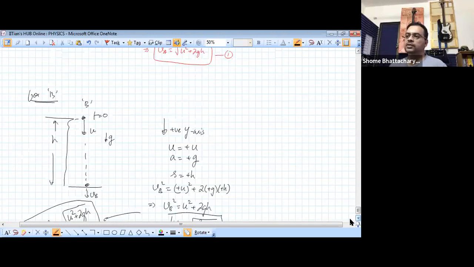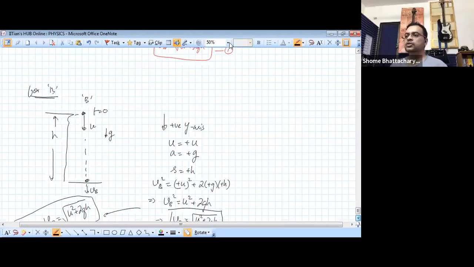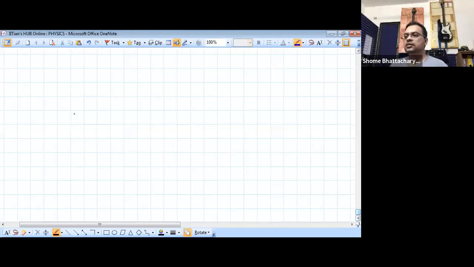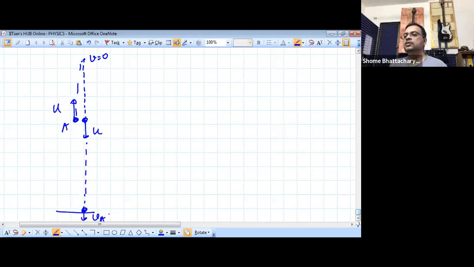One more thing that will help you accept this answer: if you compare the motion of A and B, when I project A from here with speed u, it first goes up and then comes down. On its way down, as it crosses this point, it has the same speed u, just like at the highest point its velocity becomes 0. And that's why when it reaches a certain height below, its velocity becomes square root of u squared plus 2gh.